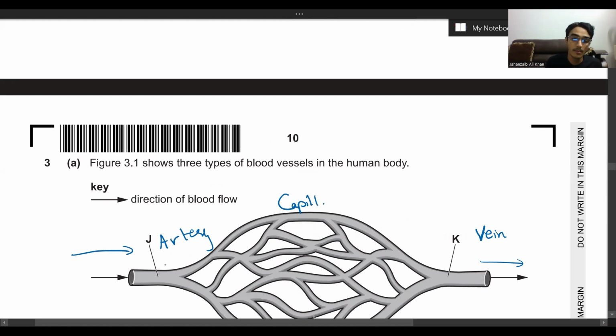The closer it is to the heart, the higher the blood pressure is. When the heart pumps the blood, at that point within the heart or the aorta, the blood pressure is going to be the highest, and as it moves further away from the heart, the blood pressure is going to fall gradually. So the further up I go, the higher blood pressure I'm going to observe. So let's say T should be here.